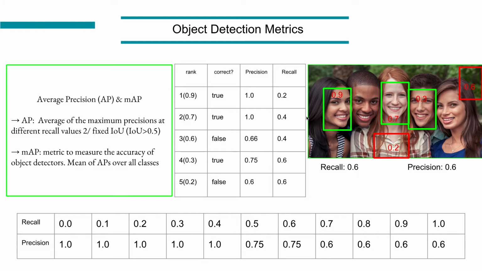Precision is still 1, but recall is increased because you detect 2 faces out of five. And you keep doing something like this and write all possible recalls here, 0.0, 0.1, like 11 entries, and try to map the precision at that recall.